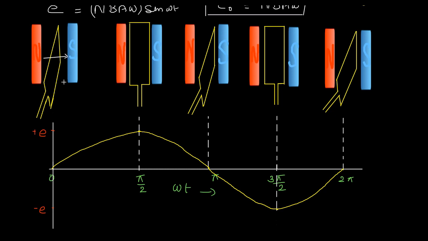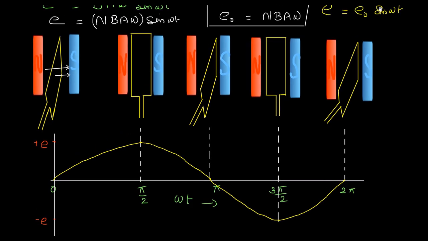Since the area vector and magnetic field are parallel, E equal to E0 sin 0. Sin 0 is 0, which means EMF is 0 when t equal to 0 or omega t equal to 0.